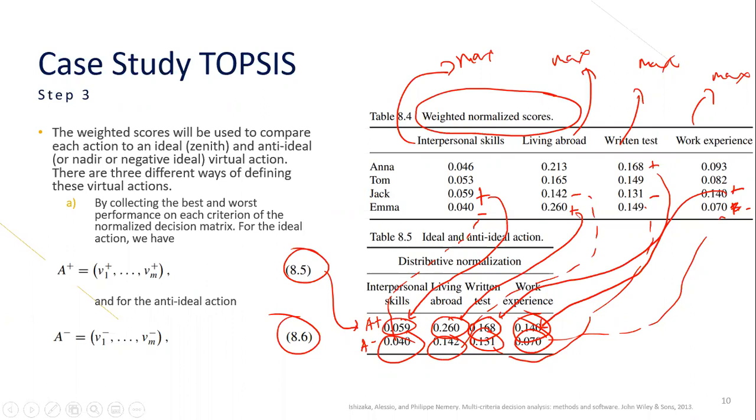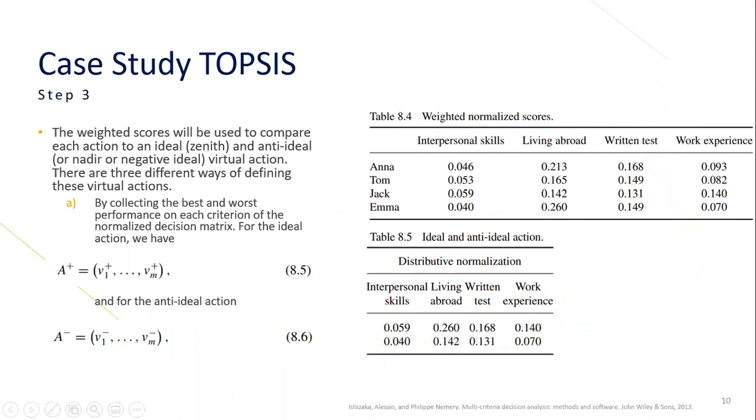So you want to find an alternative as close as possible to A plus, but as far as possible from A minus. That is your result, your alternative.